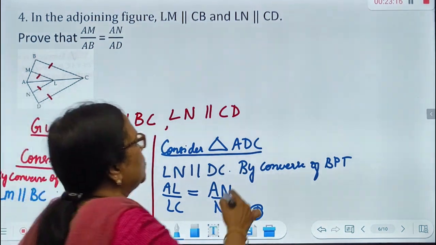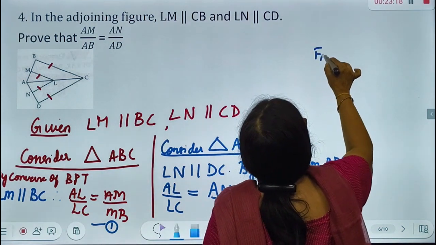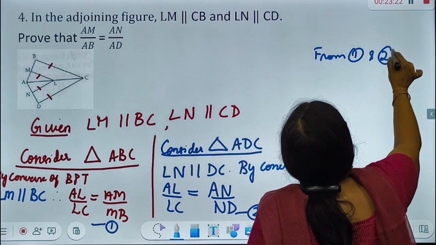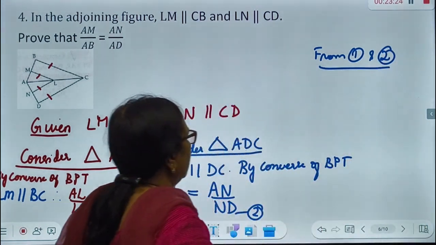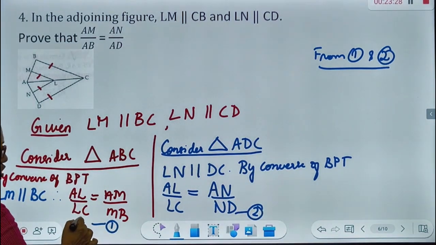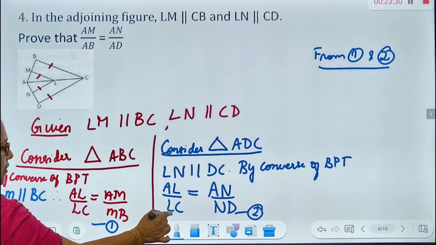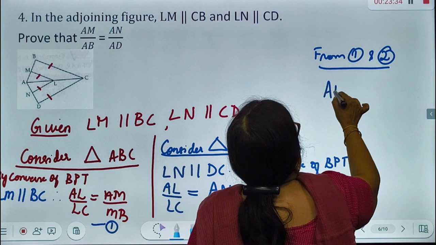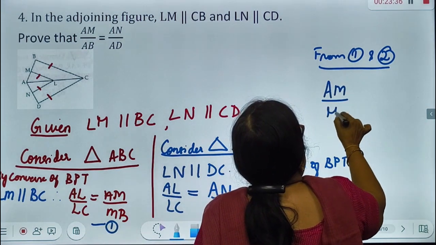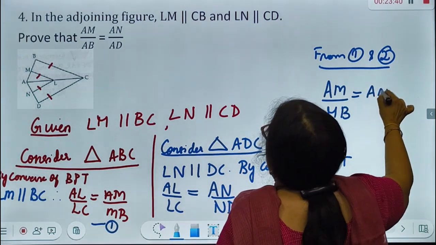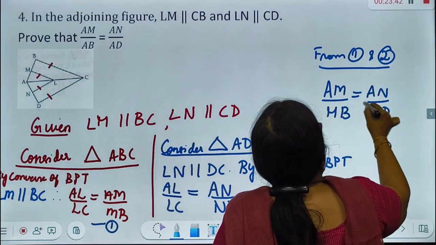Now combining results 1 and 2, you can see the left hand sides are one and the same. This is also AL by LC. AM by MB is equal to AN by ND. This is what we wanted to prove.